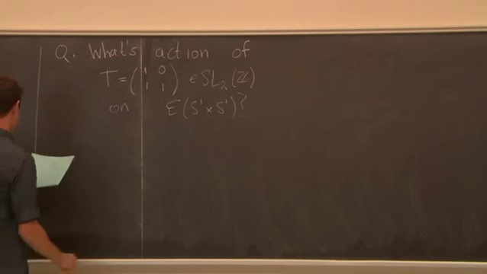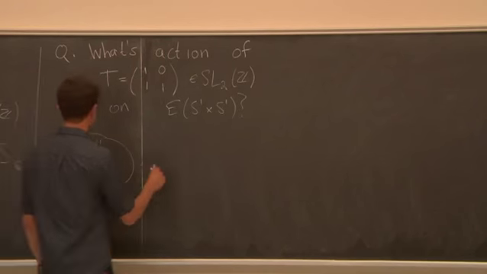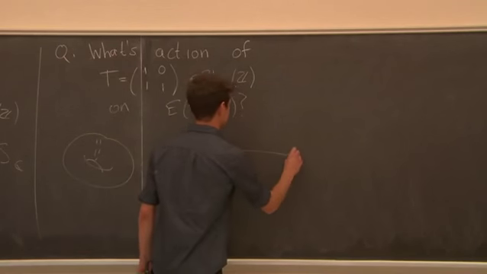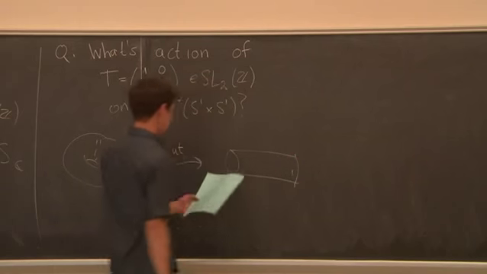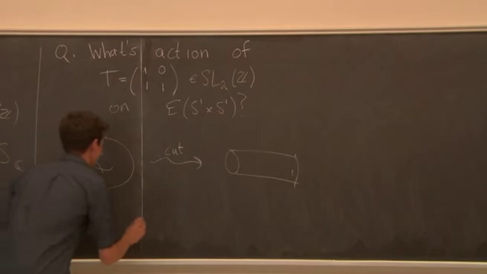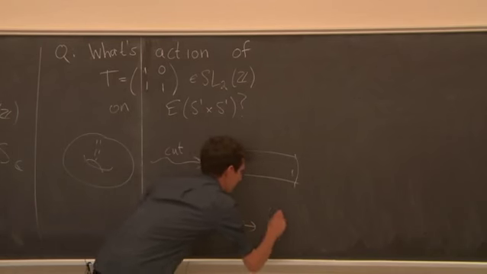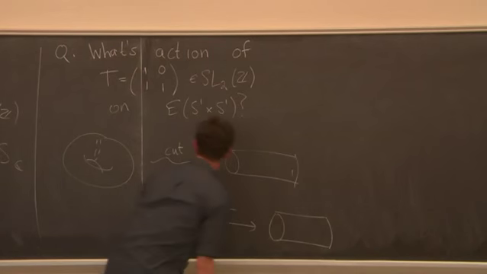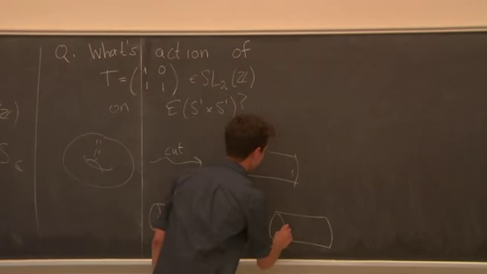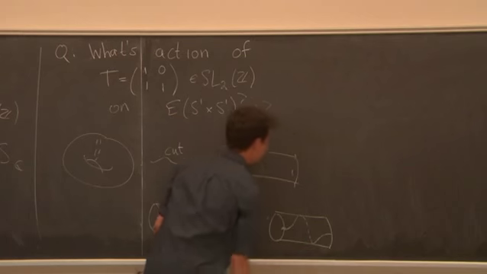So, okay, take the torus. We'll cut along a meridian to get the usual cylinder. And so since T fixes the boundary, it gives us a map of the cylinder. And I'm sure most of you have seen this before. We have some path that wraps around.